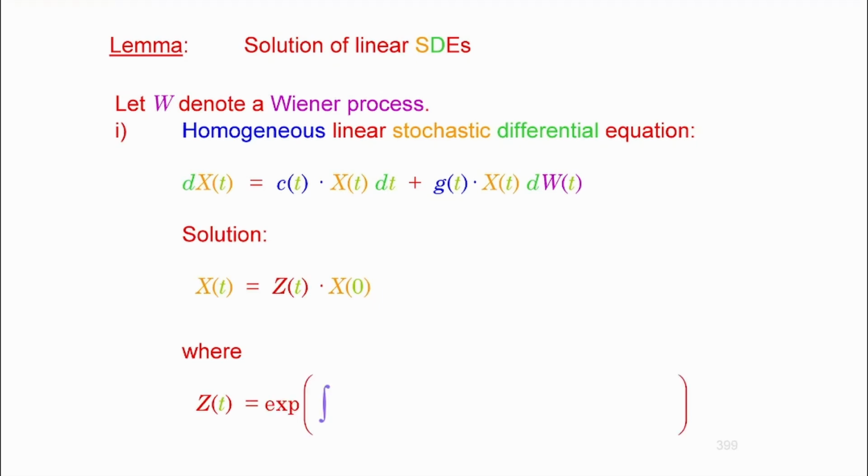And this is going to be e to the power of, and again, don't be scared. It's not that bad. It comes from Ito's lemma, guys. You go from 0 to t, as far as the integral is concerned. You have the multiplicative function, and then minus 1/2 times g squared, and g is the multiplicative function of the diffusion.